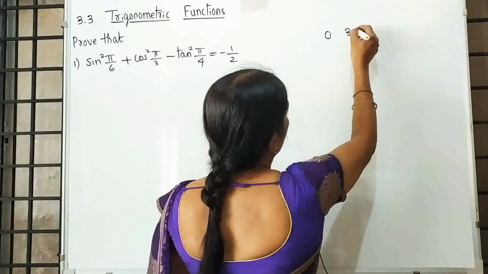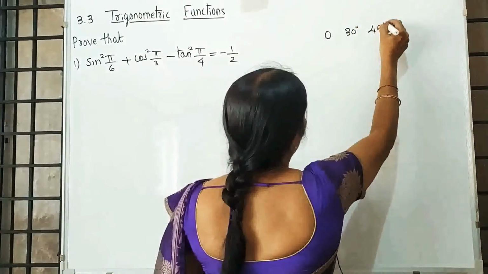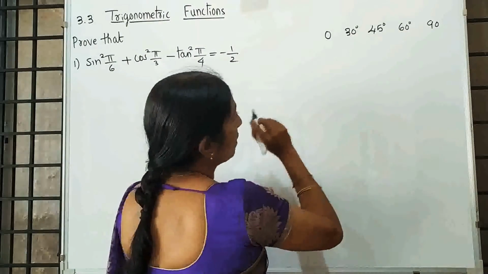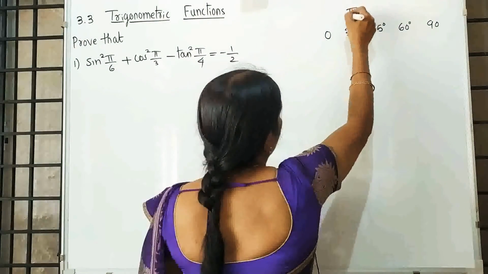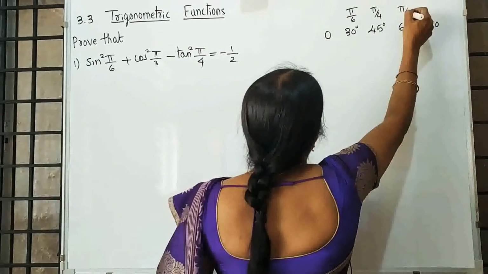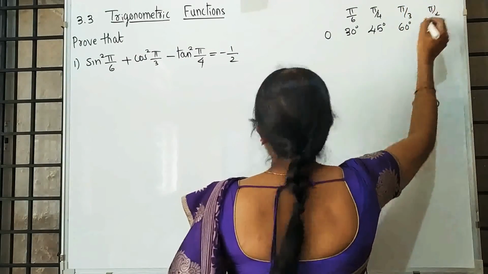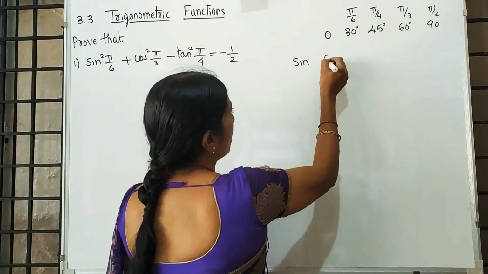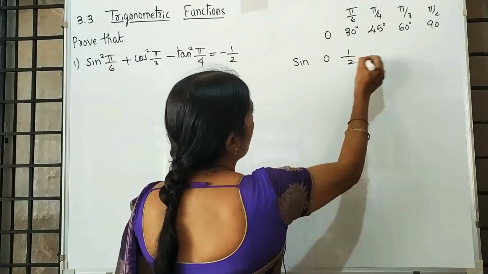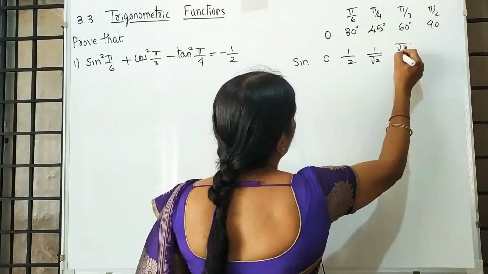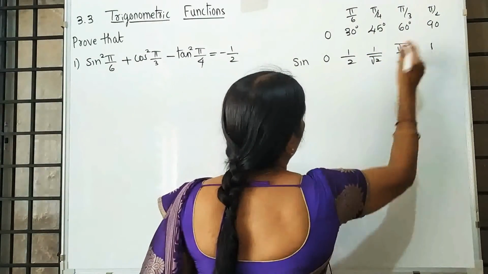0, 30 degree, 45 degree, 60 degree, 90 degree. For your reference I am writing, and on the top I am writing radians: pi by 6, pi by 4, pi by 3 and pi by 2. Here write down the sine values. Sine 0 is 0, sine 30 is 1 by 2, this is 1 by root 2, root 3 by 2 and this is 1.